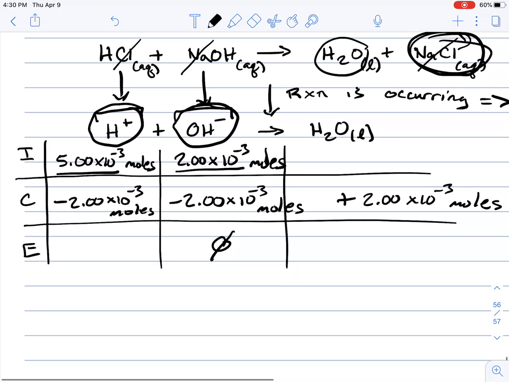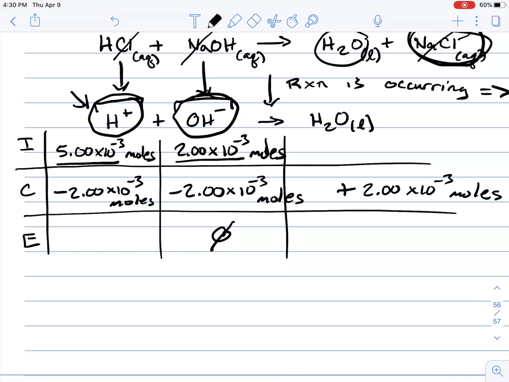And since there is no more hydroxide ion present, then it would have to be the concentration of H plus that will determine the pH of the solution. And if you subtract downward, this is going to give you 3.00 times 10 to the negative 3 moles of H plus that remains.